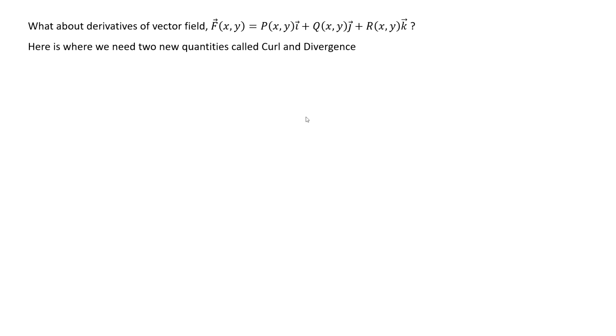Let me ask, why? What's the problem with this? Okay, let's ask, does it make sense to say d/dx, just the regular derivative d/dx of this vector field? Nope. Oh, okay. Can we say partial with respect to x of this vector field? That kind of no. Okay, del, how about del?